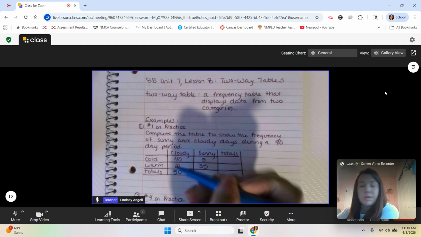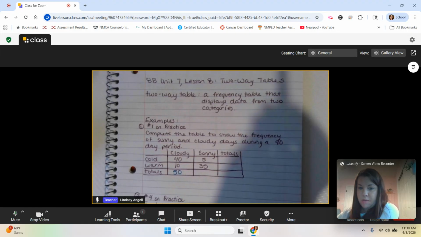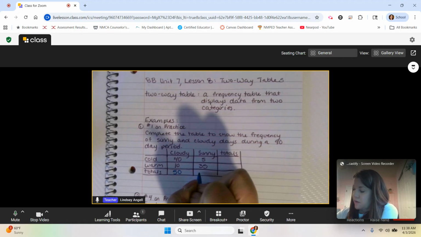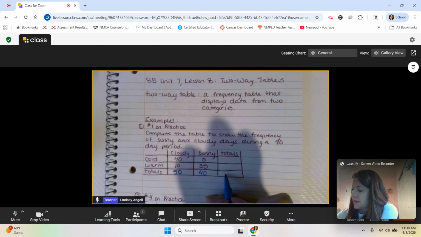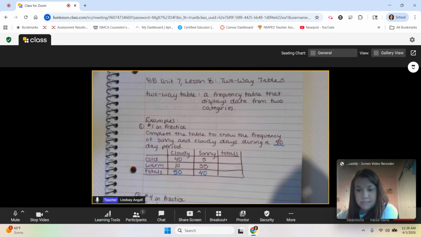Just 40 plus 10 is going to be the answer for that one. Sunny days, again, we're just going to add them together. 5 plus 35, which is 40. And that's good. Those add up to 90, right? And that's what it said. It was during a 90-day period. That's what we want to see.